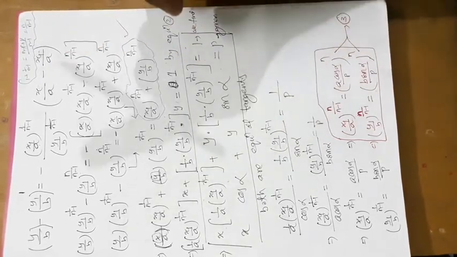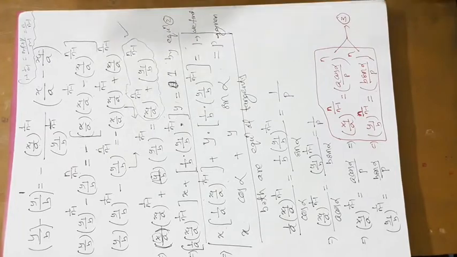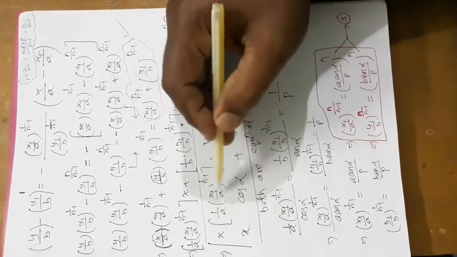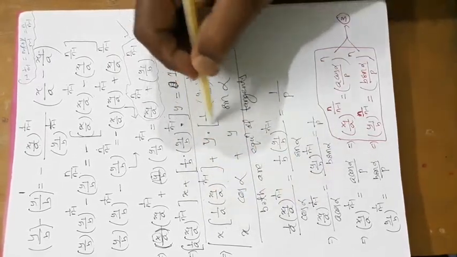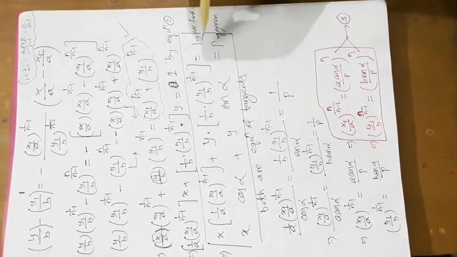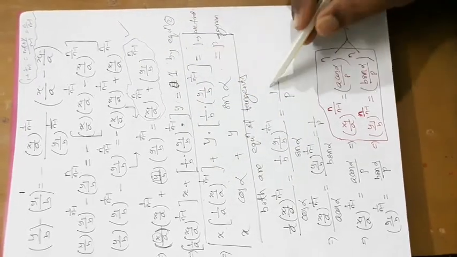When two lines are coincident, meaning the same line, then a1 by a2 is equal to b1 by b2, which is equal to c1 by c2. This is a1, this is a2. It is 1 by a.